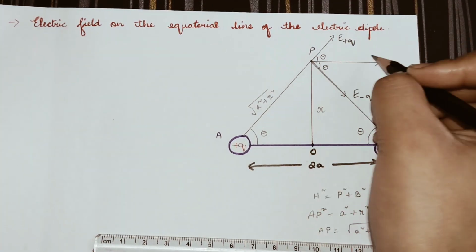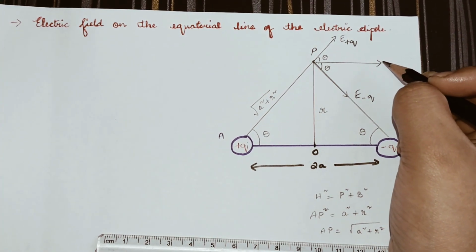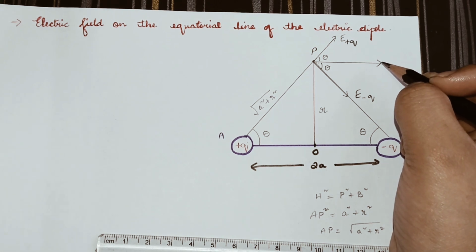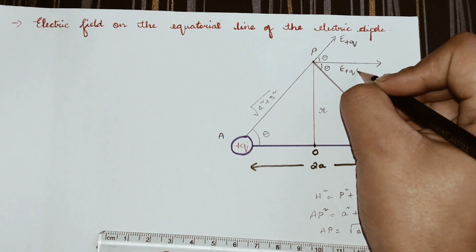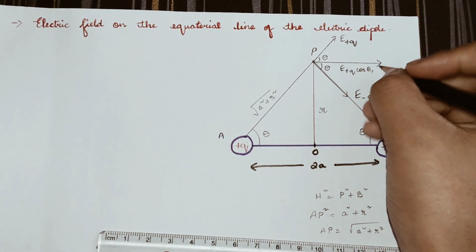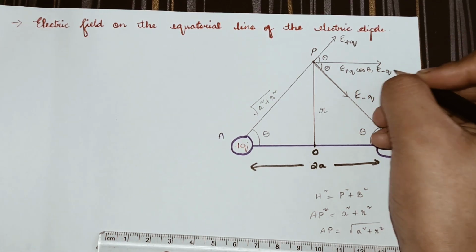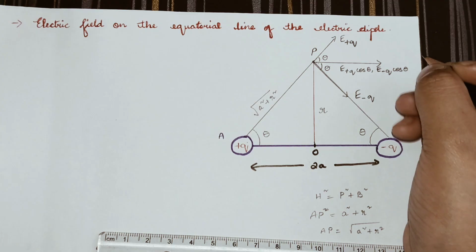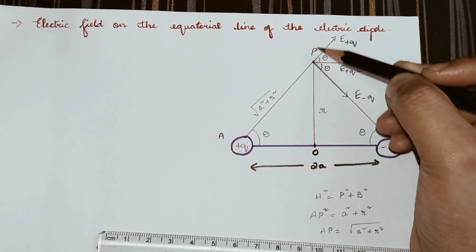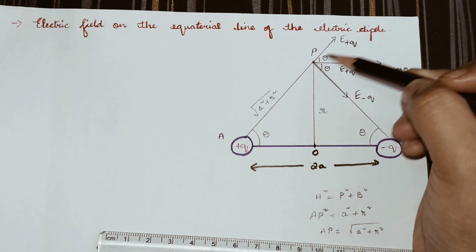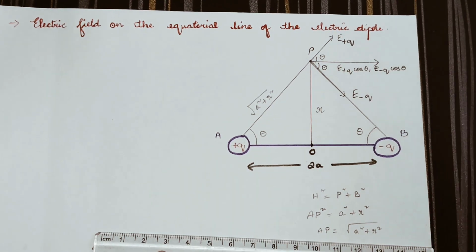So this is our cos theta component, so we can write it as E plus Q cos theta and E minus Q cos theta. We also have our sin theta component, but since they are equal and opposite to one another, it gets cancelled out, so I will not be drawing that.